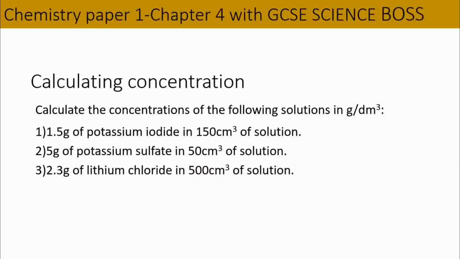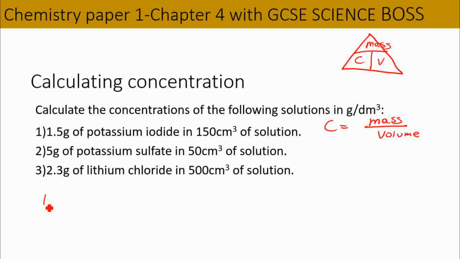Okay, so remember, when applying for a job, what do you write? You write a CV with mass at the top or moles. Okay, so now we need to find the concentration. So concentration is equal to mass divided by volume.